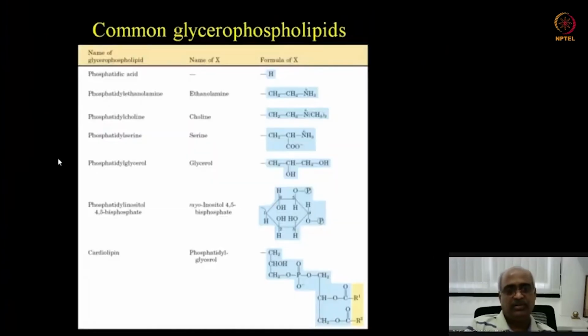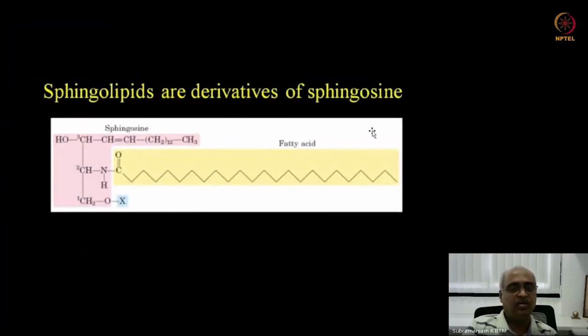Okay, so these are glycerol derivative phospholipids, therefore we call them glycerophospholipids. The next one is sphingolipid, where instead of glycerol, it is sphingosine, this pink shaded one. So sphingosine is the basic unit. Sphingosine as drawn here, its first three carbons resemble glycerol's three carbons.